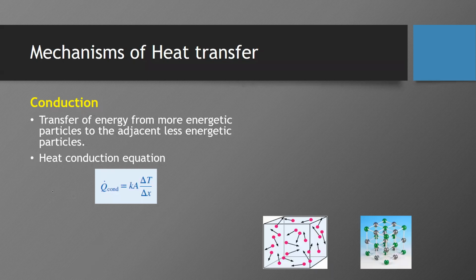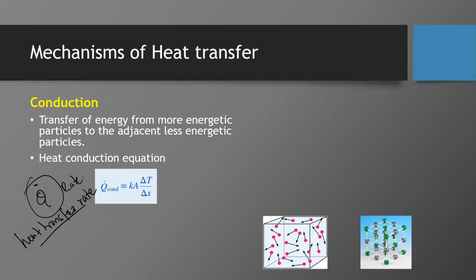Okay, so this is a rate equation. You can see that Q dot is there. Q dot means the heat transfer rate. That means in a unit time, how much heat is transferred. So that is the equation.